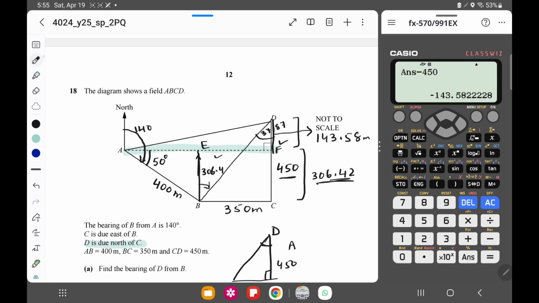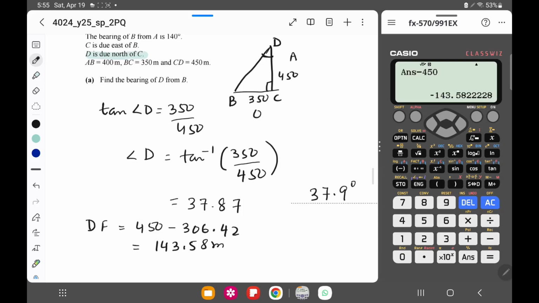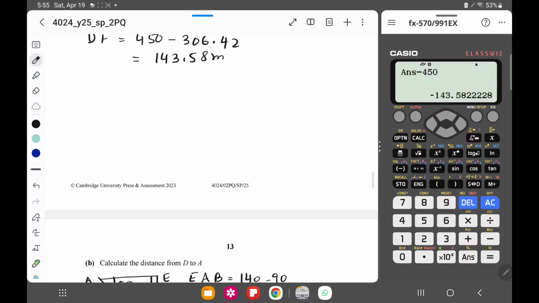So the problem is only that we have to calculate how much is this line. Okay, we know that this is equal to 350. If we know this much, we can easily find our answer. So it's very easy now because we have 50 degrees and 400, and now we can use the Pythagoras theorem, or we can easily find our answer. So just draw the diagram.